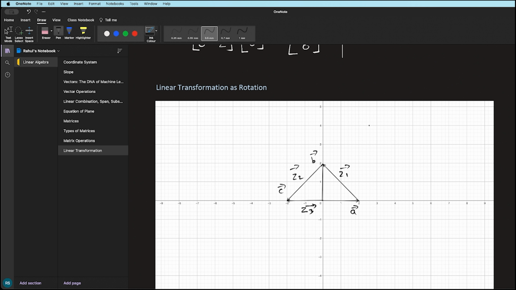So in that case I need a transformation matrix. So this is the transformation matrix: T of theta equals cos theta, sin theta, then minus sin theta and cos theta.